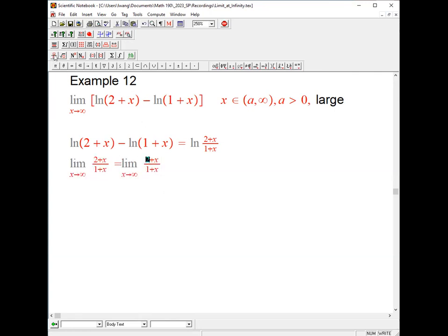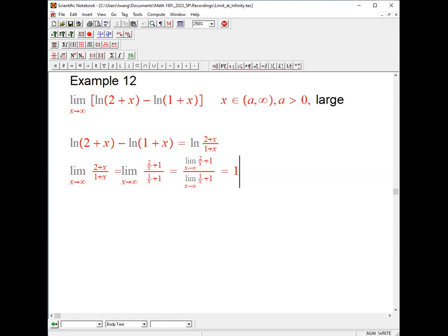So this divided by x, and this divided by x is 1, and this divided by x, and this divided by x is 1. Why? This limit exists, so we can take the individual limits, and that equals 1.